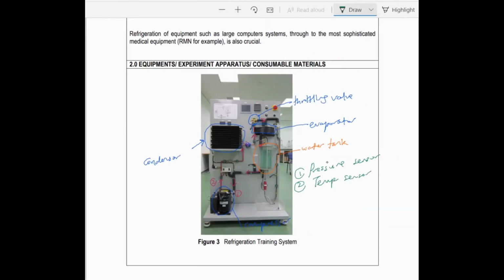Normally we have a pressure sensor, which I just write as P. Before the compressor, let's say P1, and after the compressor you also have pressure P2.